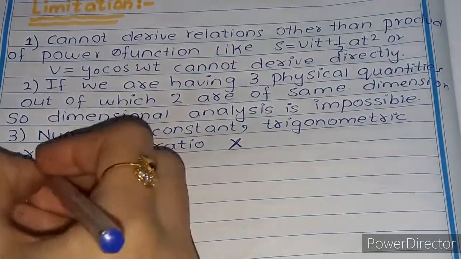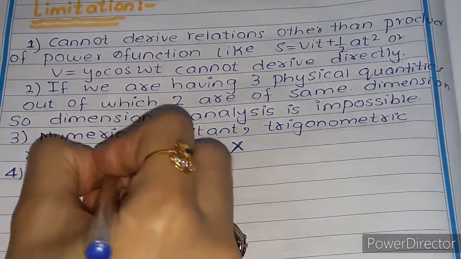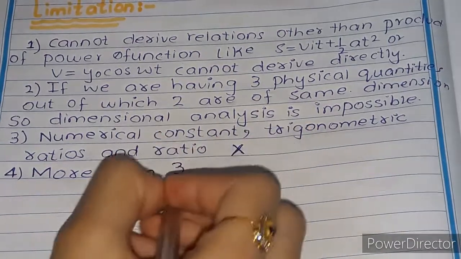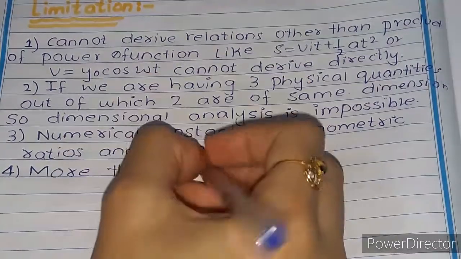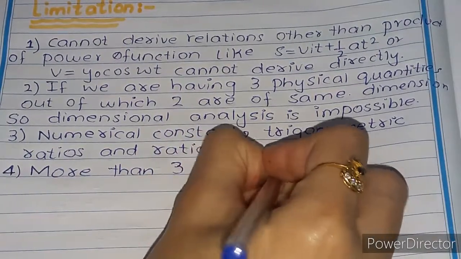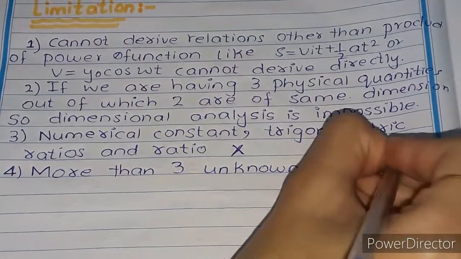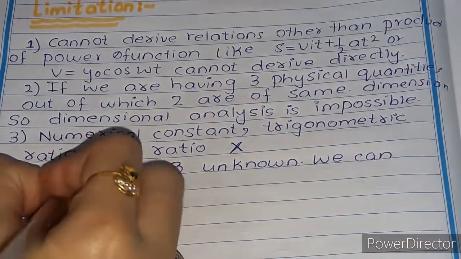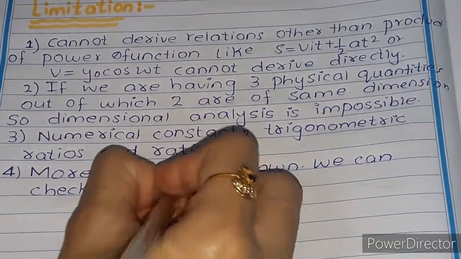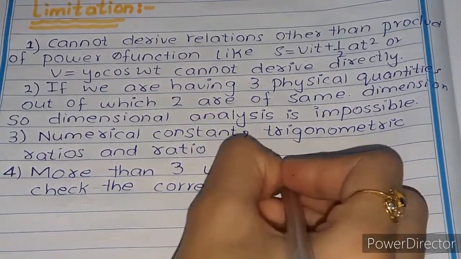And the fourth and last point is more than three unknowns. If there are three unknowns, we can check the correctness of the equation.